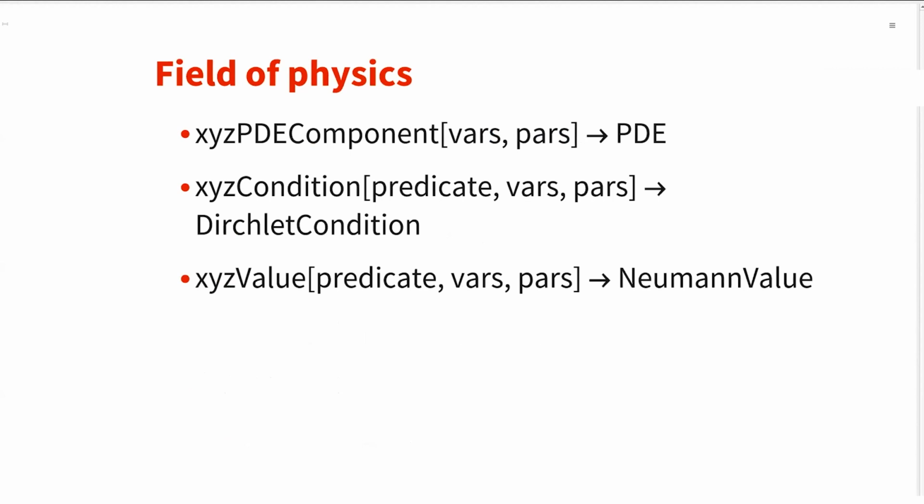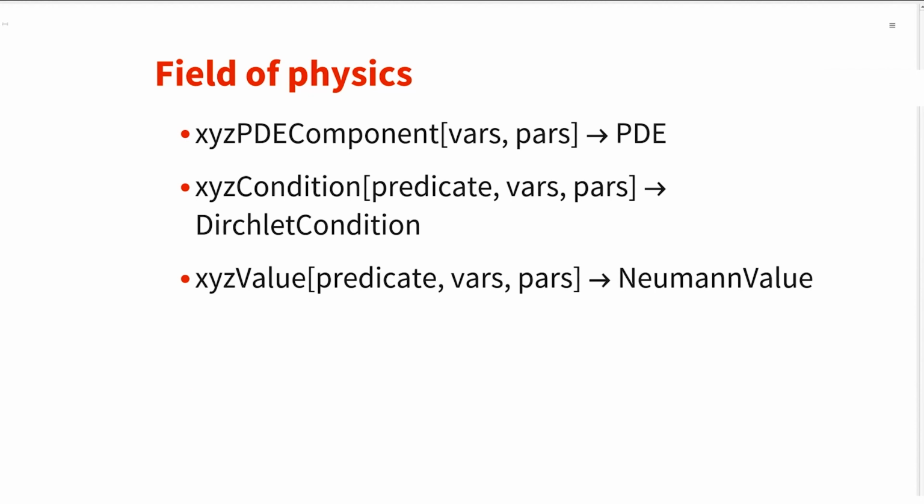Then for the different fields of physics, we try to come up with something that's called XYZ PDE component, so the heat transfer PDE component. That function gets the variables of that field and the parameters that we'd like to specify, and it's going to produce the partial differential equation. We also have functions that are called something like XYZ condition.